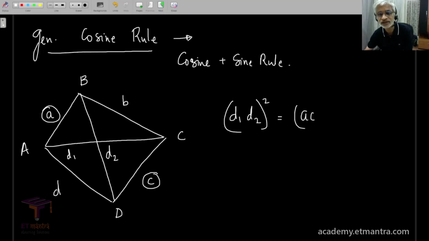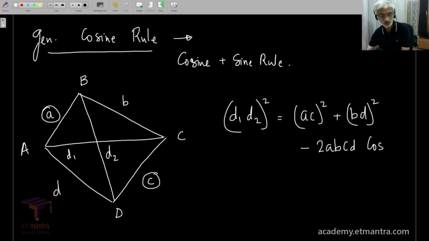So AC square plus BD square, which are the opposite sides, minus 2ABCD cos of B plus D, where B and D are opposite angles.